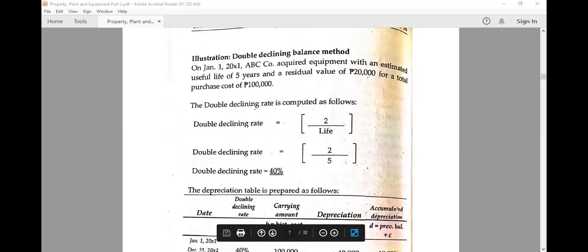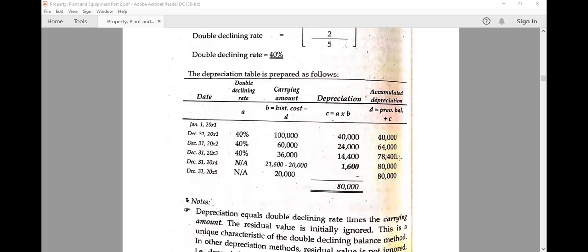We go back to the problem. The residual value is 20,000 pesos. And we said that at the end of the useful life, there should be 20,000. So here, remember that at the end of the 4th year, it should be 20,000 pesos.